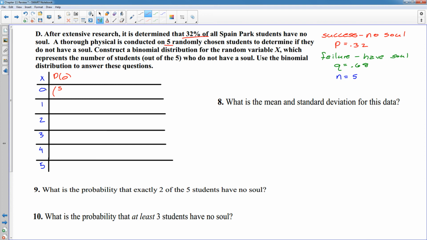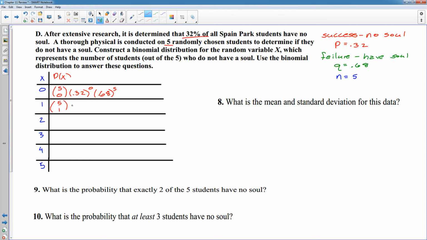So if I want none of them to be successful, then I want to do 5 choose 0, and then the successful percentage, 0.32, to the 0, because I don't want any successes, which means all 5 of them need to be failures. And then I will do 5 choose 1, the probability that exactly 1 does not have a soul.